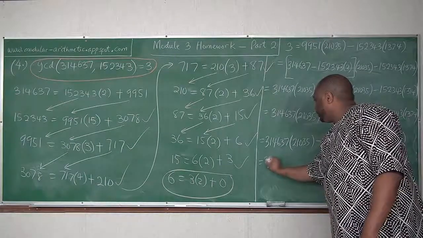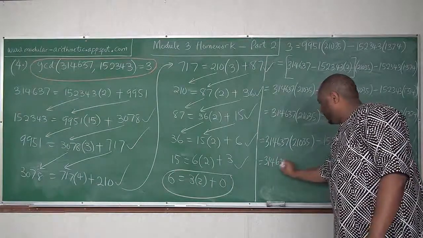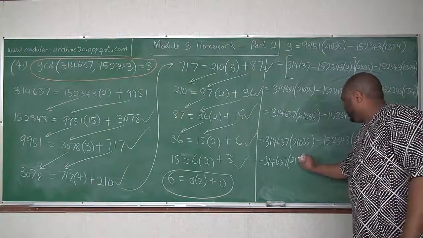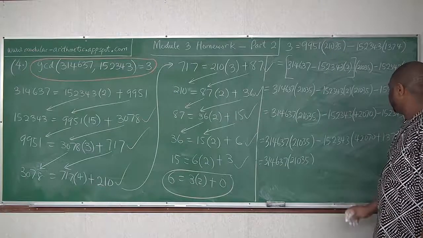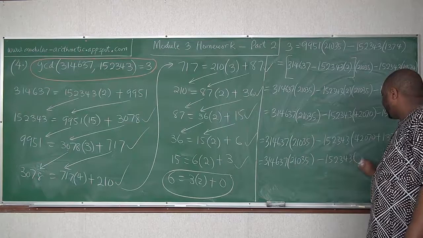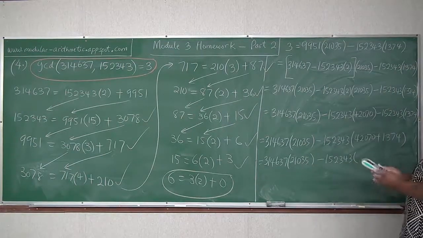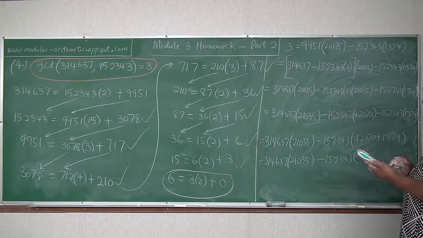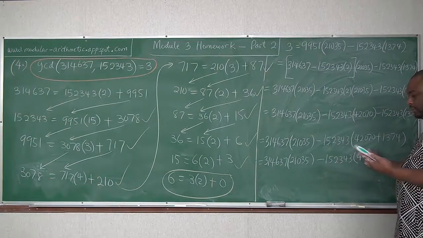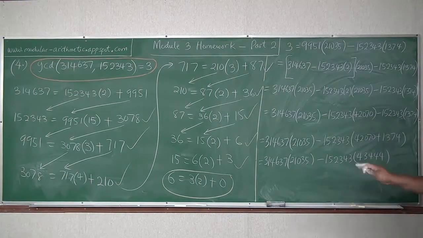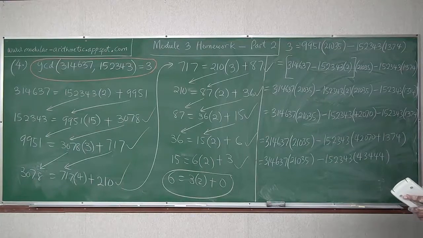So this will be 314637 times 21035 minus 152343 times 42070 plus 1374 will give us 43444.